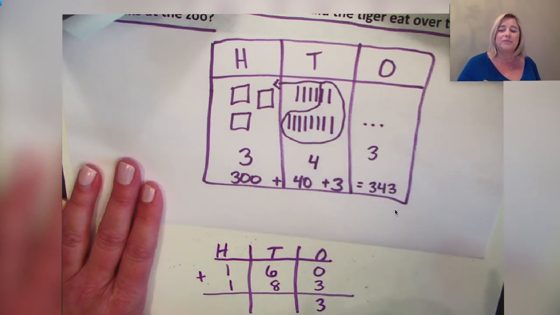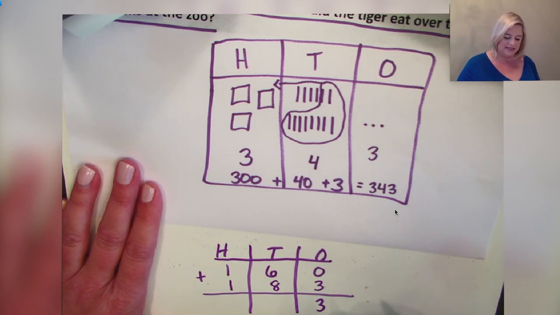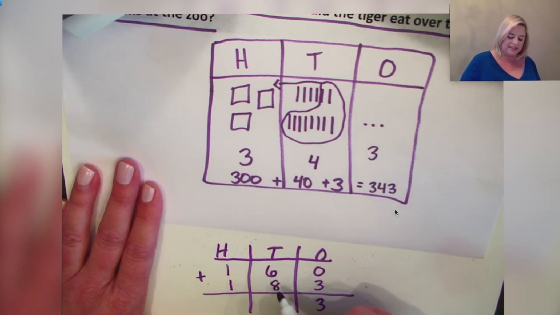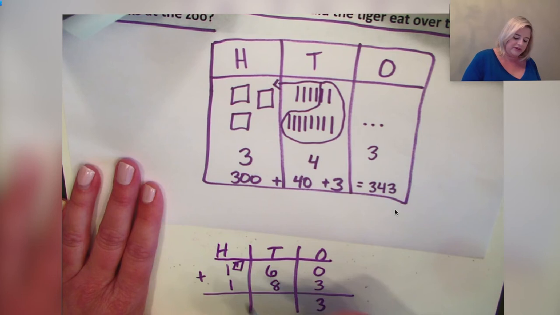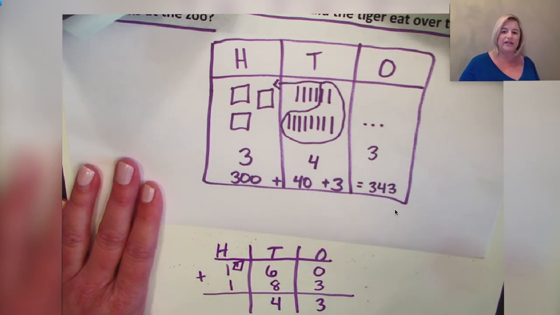We are going to do the same thing here in our problem. 14 in the tens place is more than we can have here, so we need to move it to the hundreds place. So we know 6 plus 8 is 14. So I'm going to move my 10 over here, and I have my 4 tens left over, just like in our model. And now we can add our hundreds together.